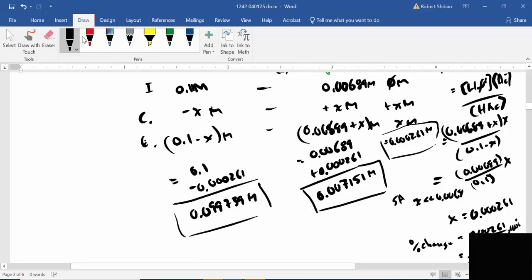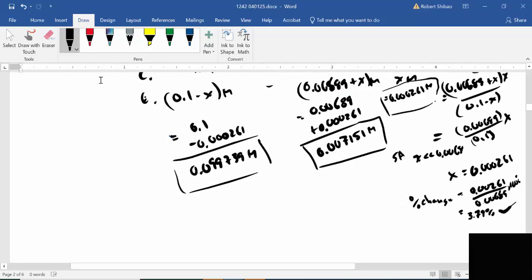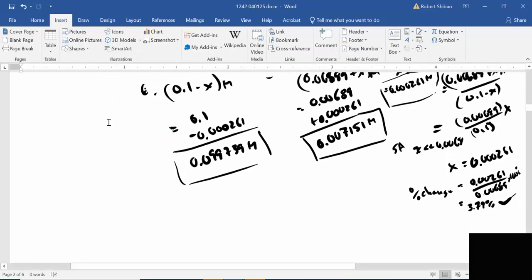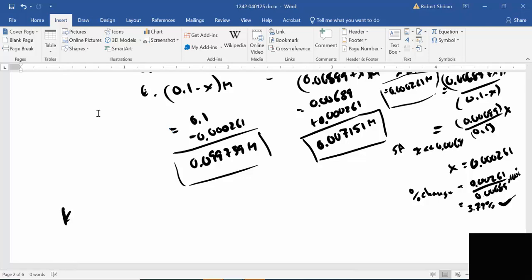Let's check my K value here. So it's 0.007151 times 0.000261 divided by 0.099739.